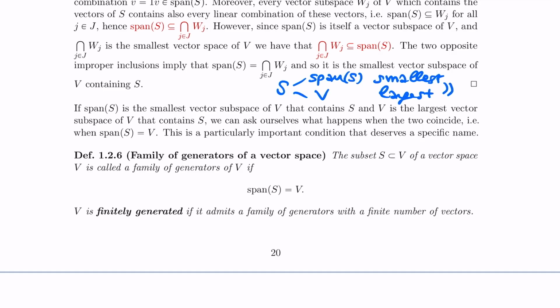That is, the subset of vectors S of the vector space V is a family of generators of V if the span of S coincides with V itself. Moreover, we say that V is finitely generated if it admits a family of generators with a finite number of vectors.